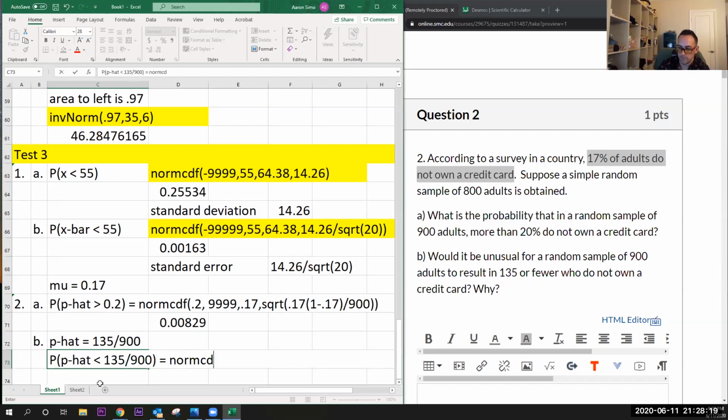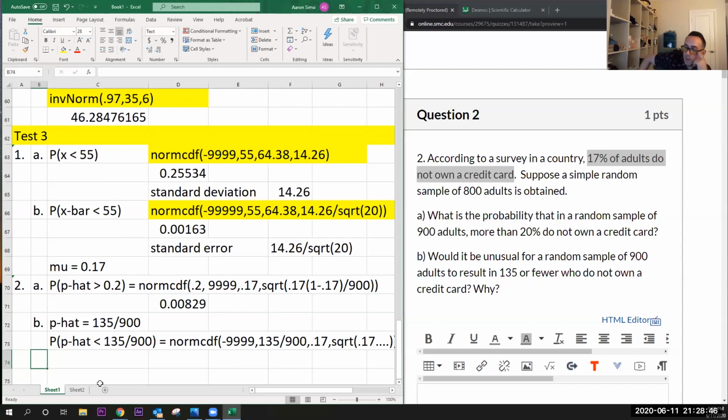Norm CDF, negative 999, comma, 135 divided by 900. Oh yeah, 0.17, square root, and so on. Well, I should leave the 0.17. Keep using the 0.17 for the standard error, because that's what's assumed to be true.